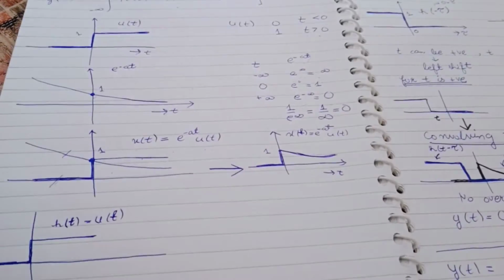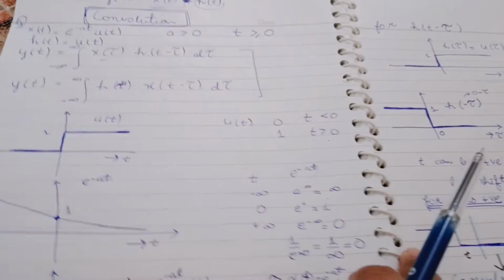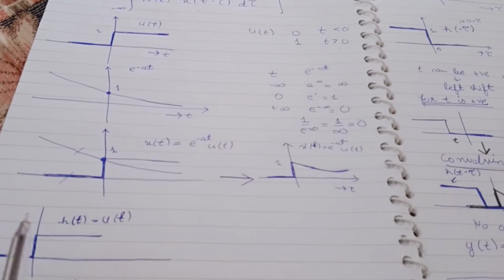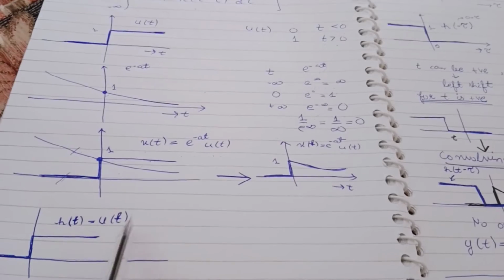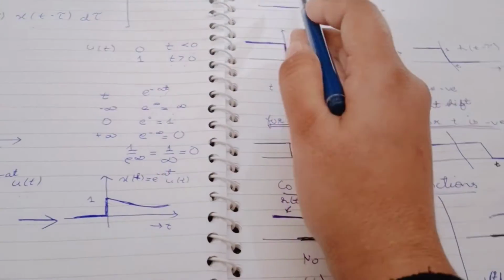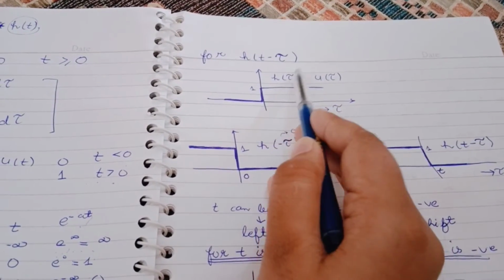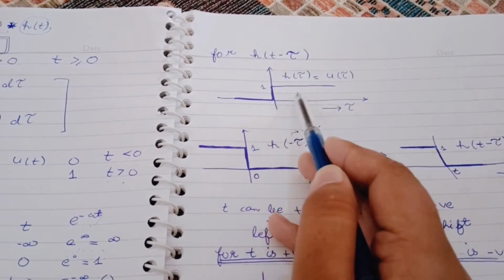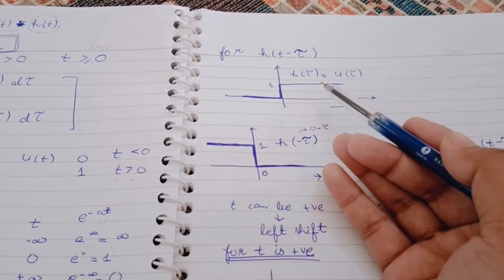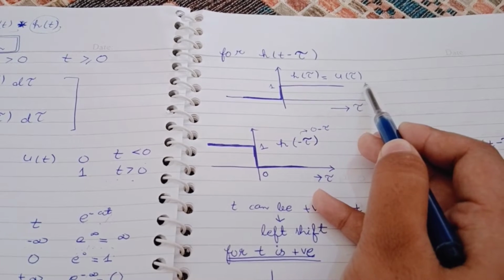The other value we want is h(t minus tau). For this, first of all we convert t into tau. For h(t minus tau), first you put tau in place of t, so h(tau) is equal to u(tau).